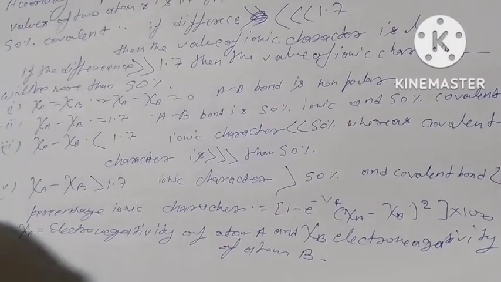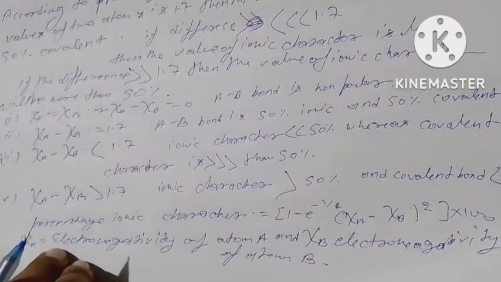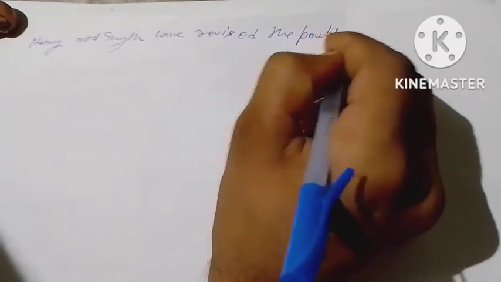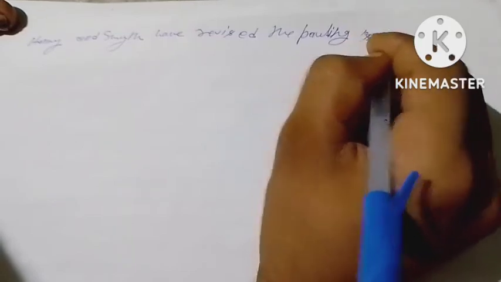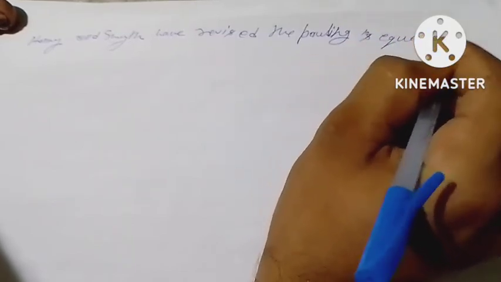However, Pauling's rule is valid in certain cases only. Hannay and Smith have revised Pauling's equation as below.